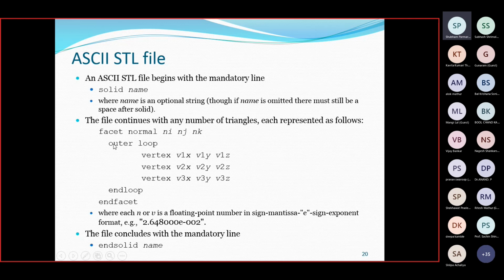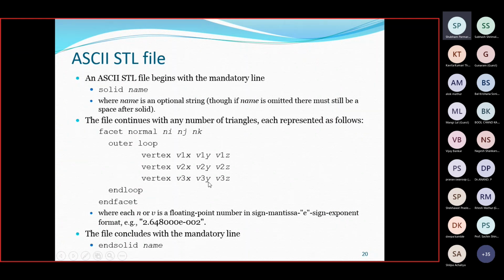Then the outer loop will start. Don't forget to provide tabs. See, this one is the first line, then this is second, after a tab comes outer loop, then again a tab, then vertex, and three vertices you have to provide. So these 12 values: 1, 2, 3, 4, 5, 6, 7, 8, 9, 10, 11, 12.